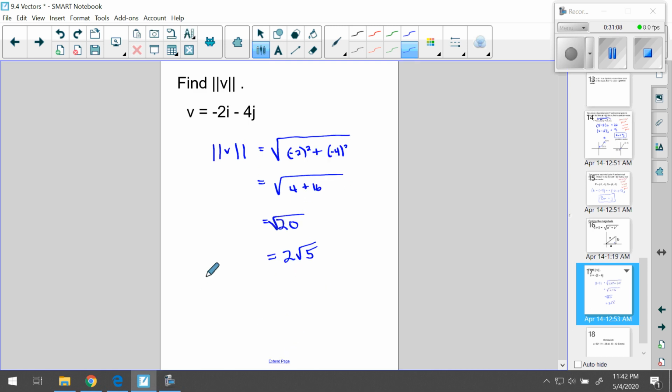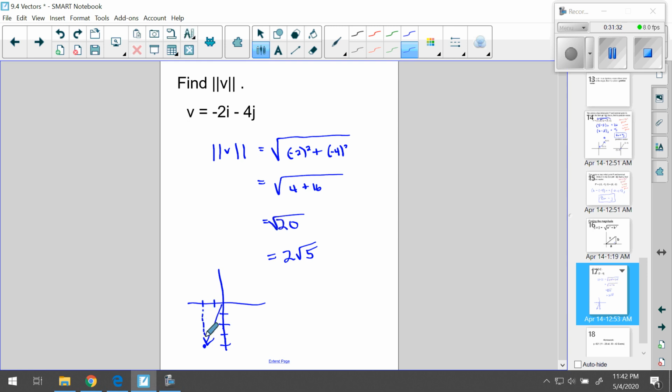Again, just to visually show how that plays out, if I were to go -2i, that would be going to the left 2 and then down 4. My new vector would land right here, and so vector v would be headed this direction and this distance, and that's what we're trying to find, is that distance.